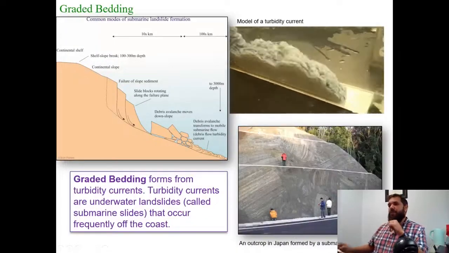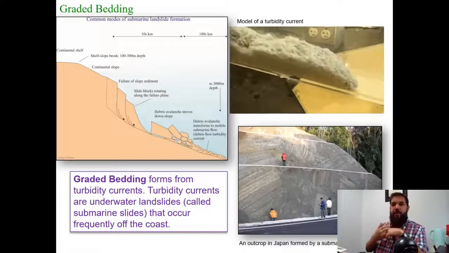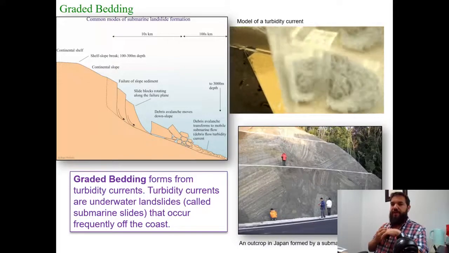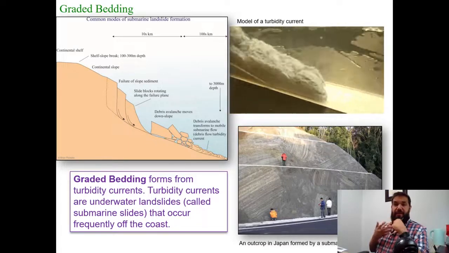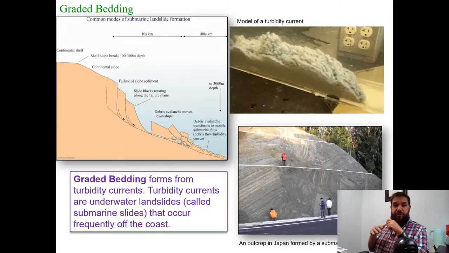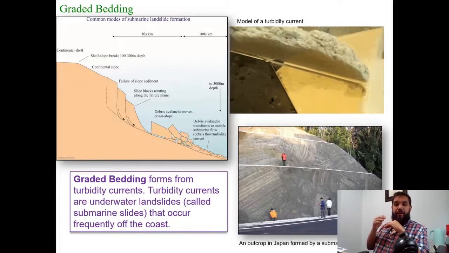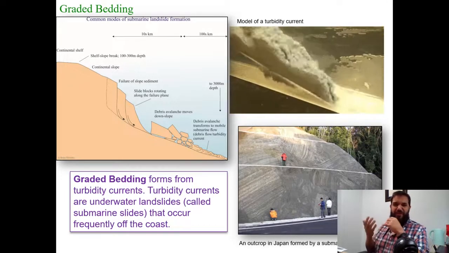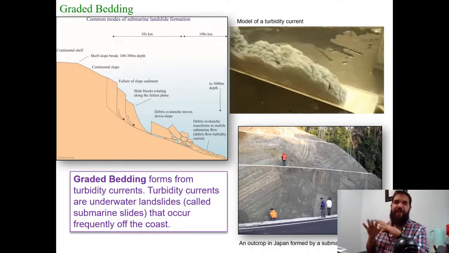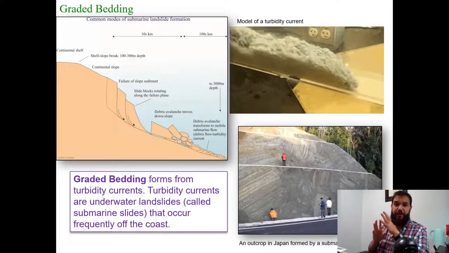Graded bedding forms from either landslides or, more often, from turbidity currents. Turbidity currents are like underwater landslides that occur quite a bit right off the coast, in marine settings, so in the ocean. We don't usually see these things because they're happening underwater, but they're very common occurrences.